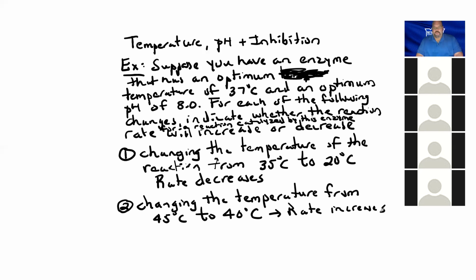The rate should actually increase. Now, one of the assumptions that we're making here is that at 45 degrees Celsius, the enzyme hasn't denatured. That's probably a pretty safe assumption. If we said lower it from like 70 or 80 to 40, that would be a trick question in a sense, because if that reaction was at 70 or 80 degrees Celsius, there's a good chance that the enzyme would be denatured. And even if we lowered the temperature back down to the optimum temperature, the enzyme's not going to work.